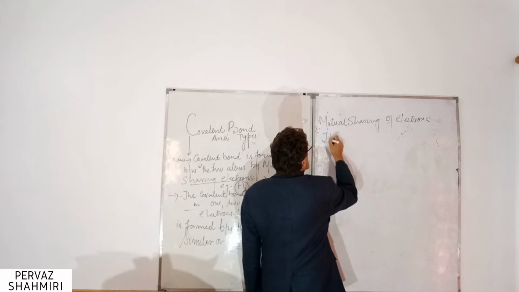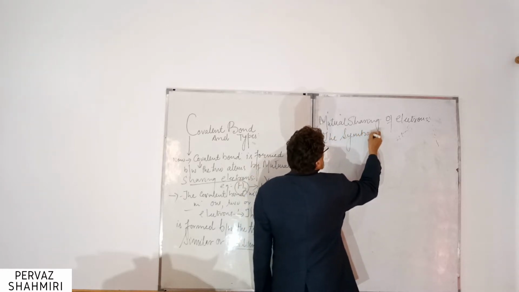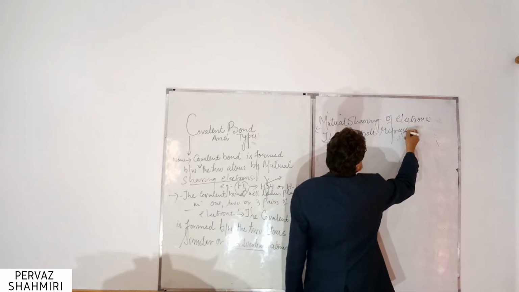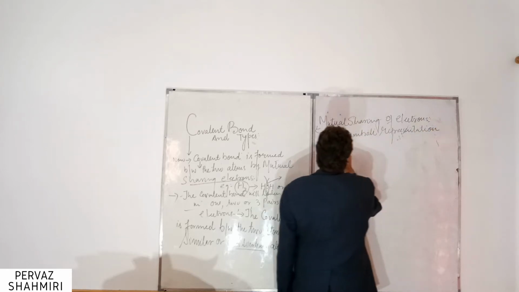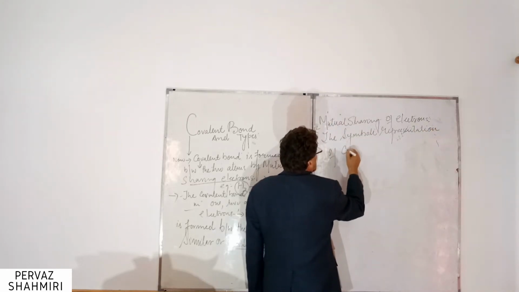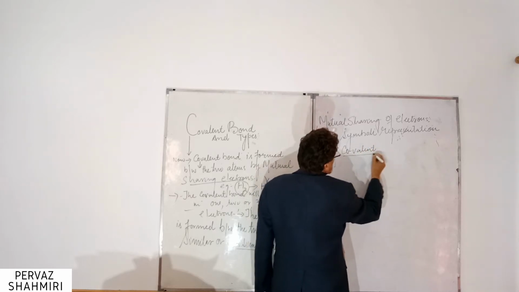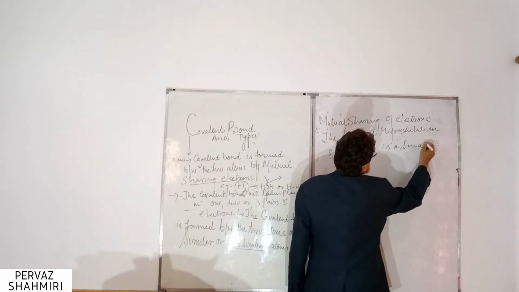The symbolic representation of covalent bond is a small line.